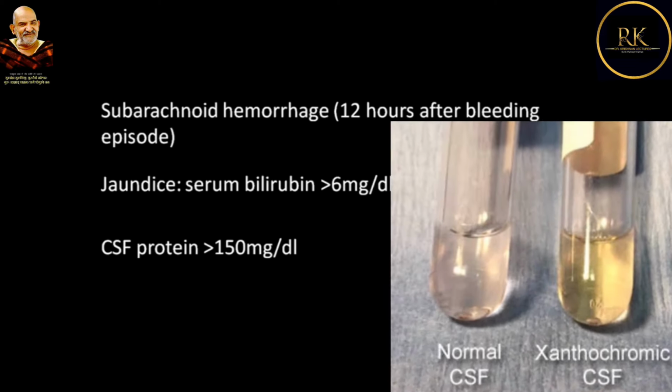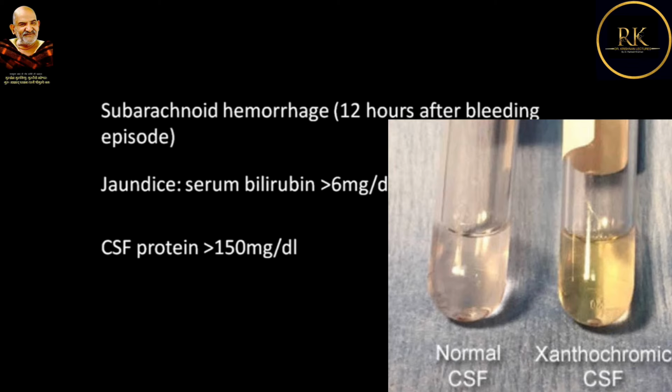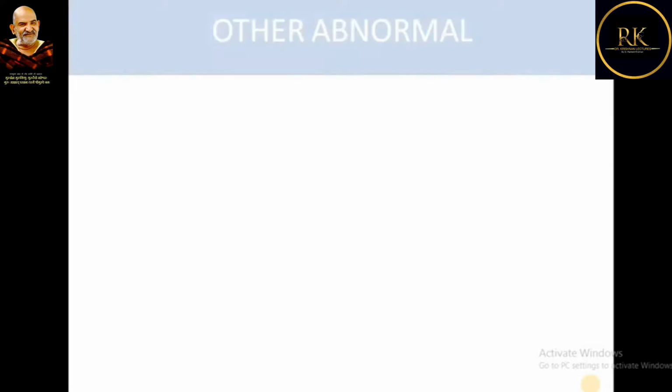Jaundice with serum bilirubin greater than 6 mg per deciliter, and CSF proteins greater than 150 mg per deciliter can lead to xanthochromia.